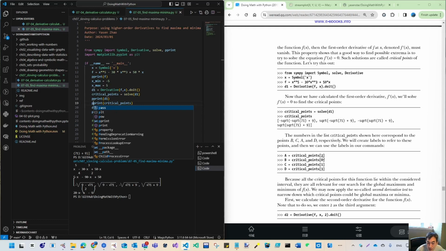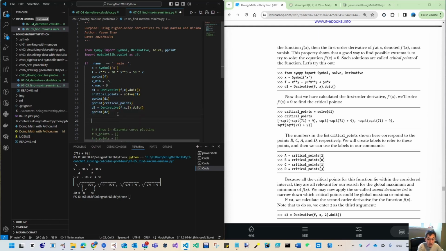I think it is A, and this is D. So we define like what the authors do. This A is the critical point 2. B is the critical point 0.